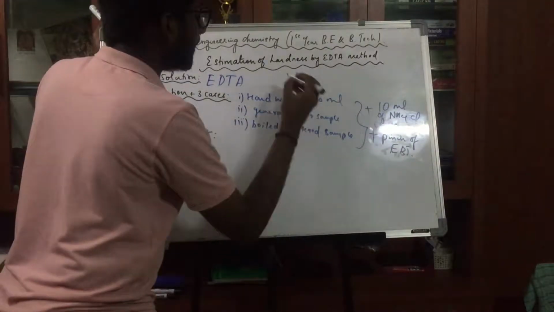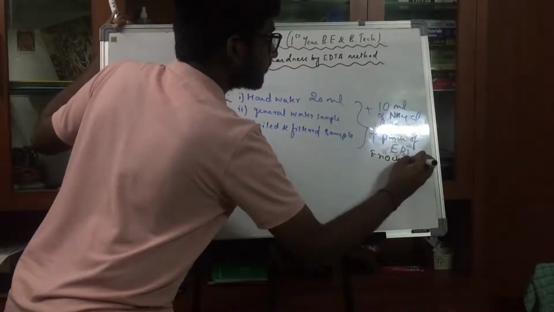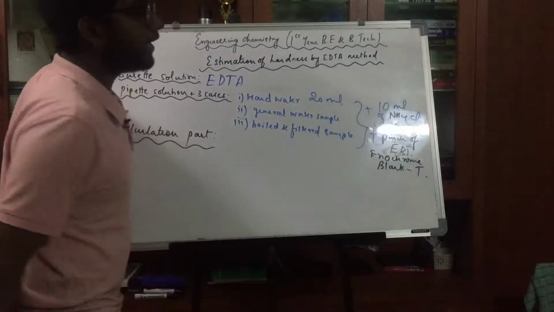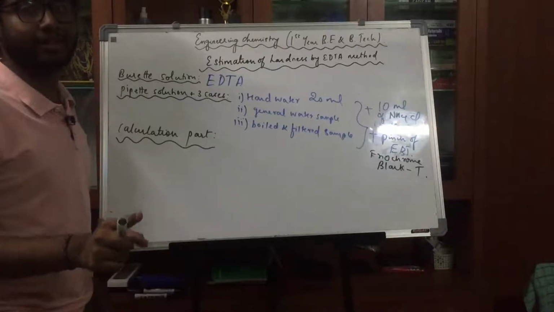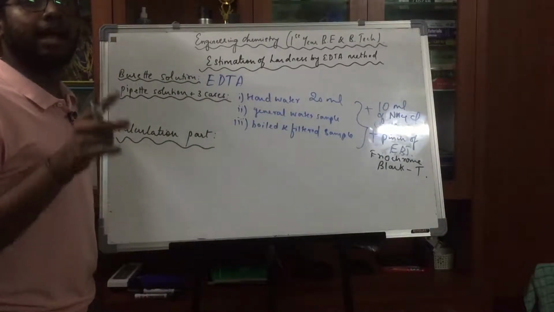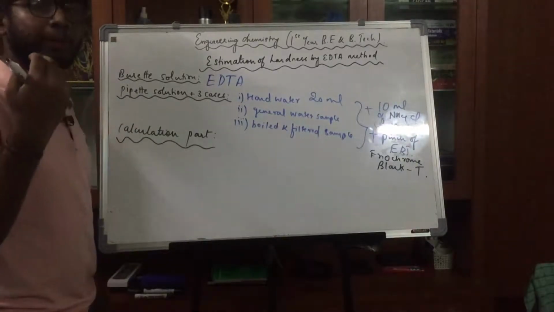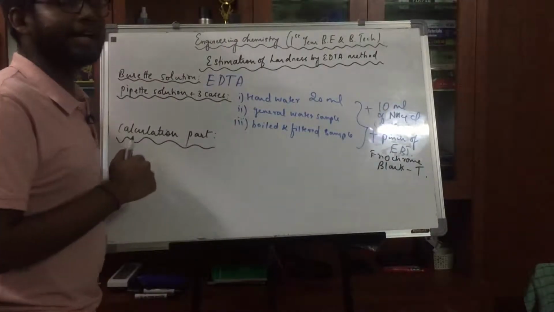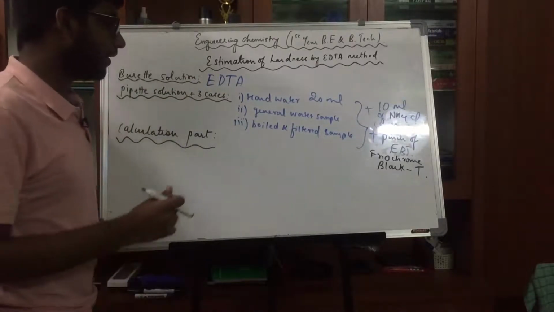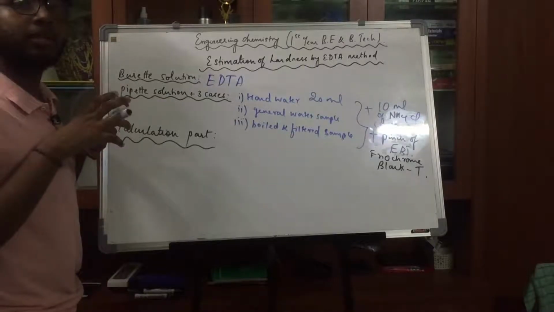The full form of EBT here is eriochrome black T. Eriochrome black T is the indicator in this case, and that will indicate the change in the color, which will give you the concordant volume in the end. And you add 10 ml of buffer to balance the pH after the EDTA has been added.